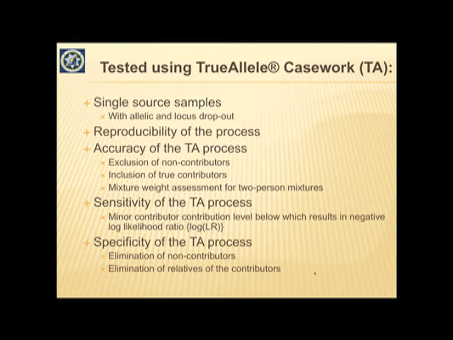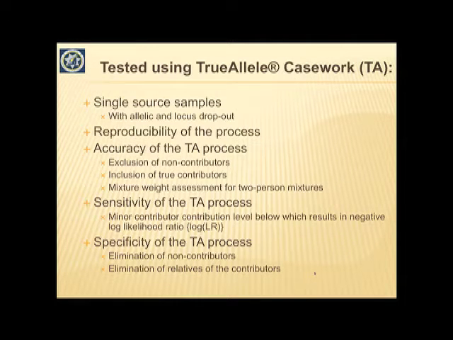And by accuracy, I mean exclusion of non-contributors, inclusion of true contributors, the mixture weight assessment of 2-person mixtures. I limited the mixture weight assessment to just 2-person mixtures since I could do that manually and compare, whereas beyond a 2-person mixture it becomes difficult to do that.